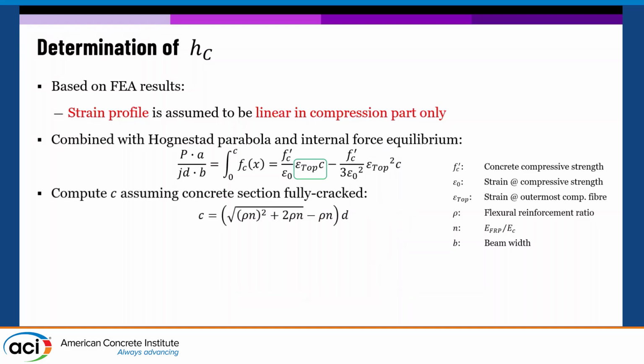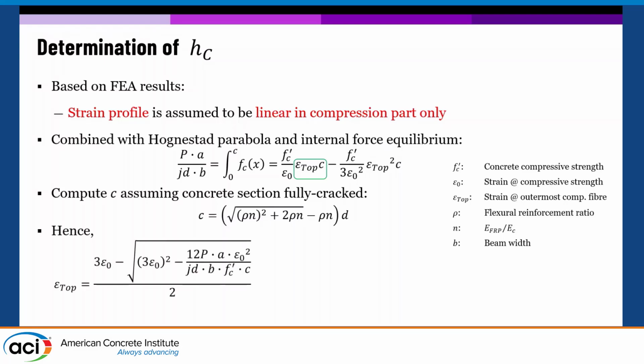So we assume that the section is fully cracked. And from this, we can get that the top strain in concrete comes from this formula. Epsilon naught, this is important, this is the strain at the peak of compression. And from this, we can calculate the depth of the compression block.